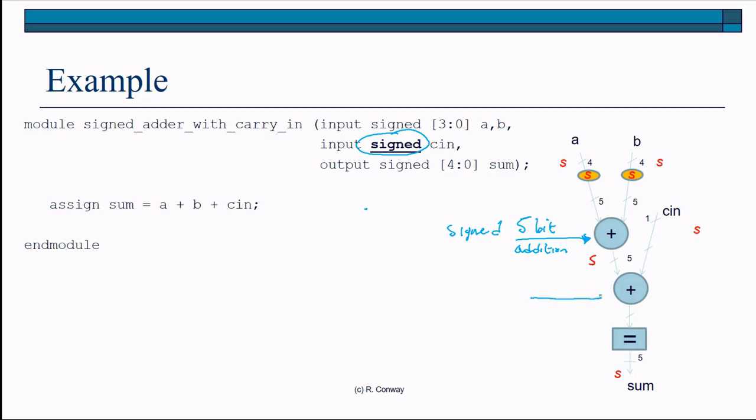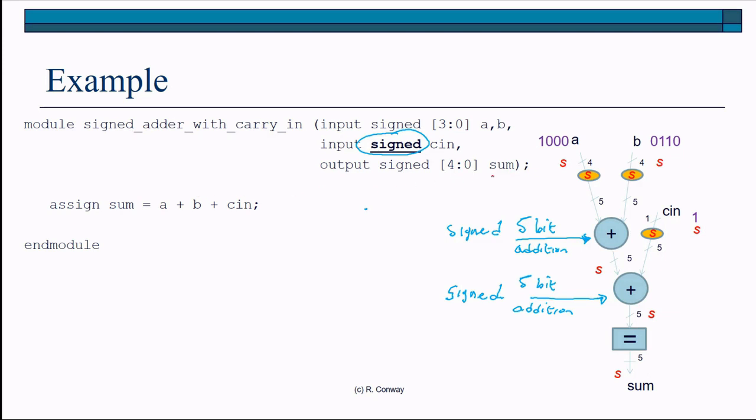When we look at our second addition, we again see we have a 5-bit output. So it's a 5-bit addition. And when we determine whether this is a signed or unsigned addition, we need to check the two operands. Both are signed, making this a signed addition. So our output is a 5-bit signed value. Cn is 1 bit. We need to extend it from 1 to 5. Because it's a signed addition, we do a signed extension to extend our 1 bit to a 5-bit value.